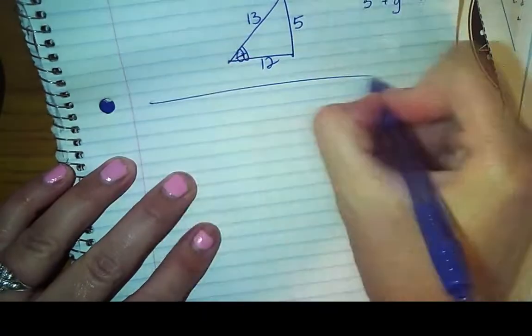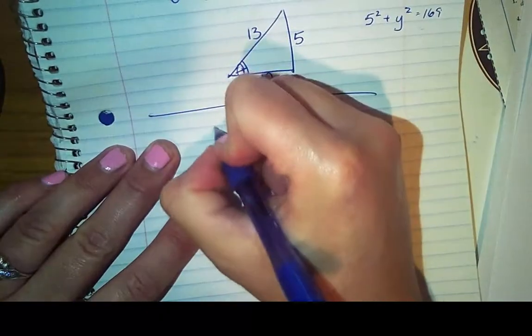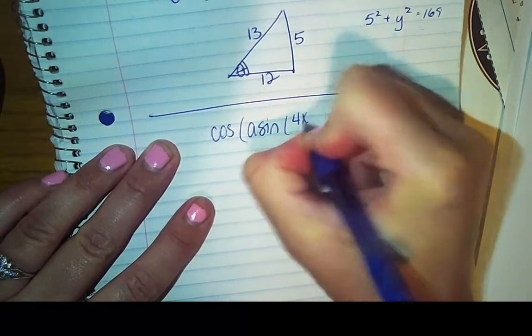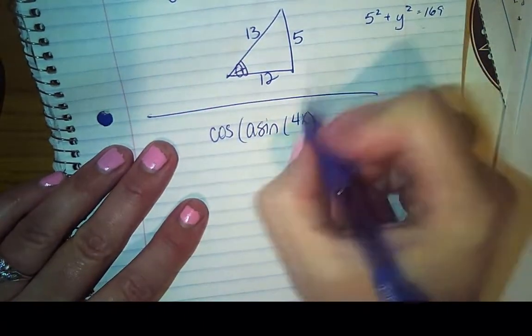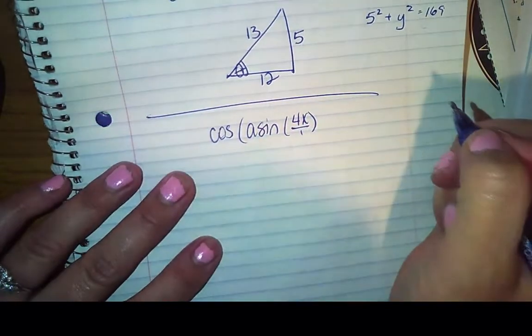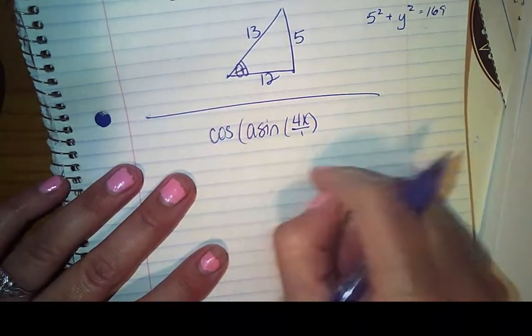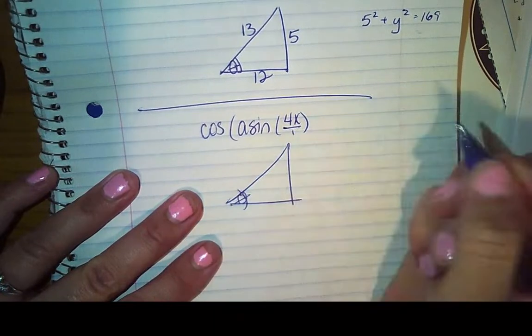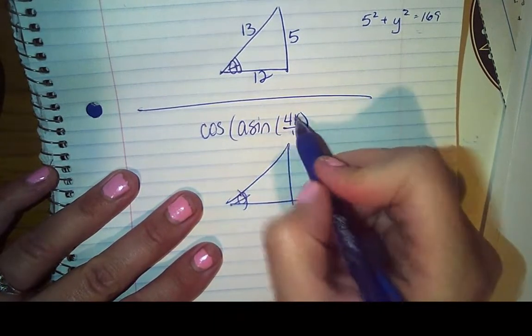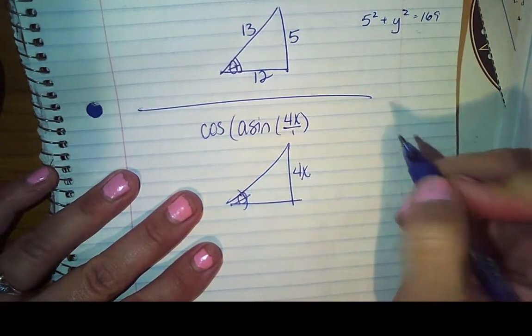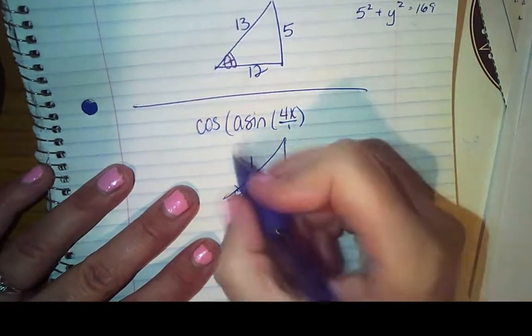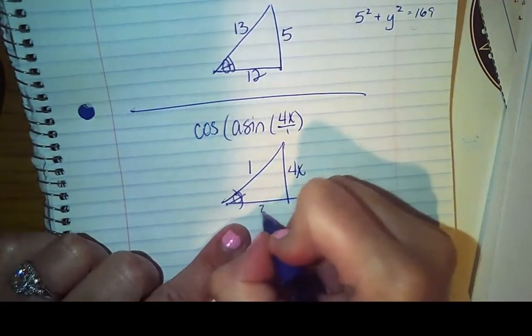What we have is the cosine of the arc sine of 4x. I wrote it kind of weird on purpose because that's going to be 4x over 1. Again, this is not a benchmark ratio, so build a triangle. Here's your theta. Sine has a ratio of opposite over hypotenuse. Now can you find the cosine? I need to finish this out, so let's just say the missing side is z.